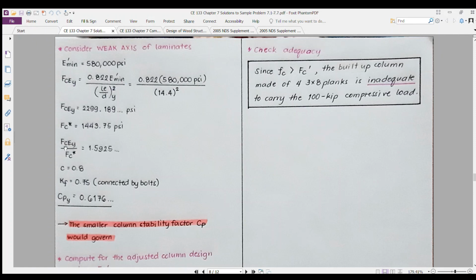So dividing the value of the two, we have here the value of 1.5925 and still value of C is equal to 0.8 and value of K sub F is equal to 0.75 since the built-up columns are connected by bolts, and we have a value of C column stability factor along the y direction of 0.6176.